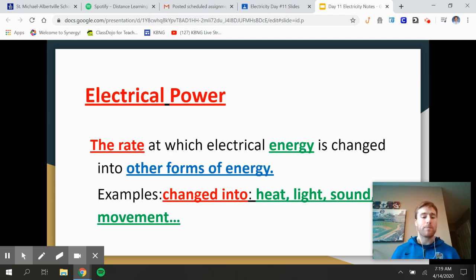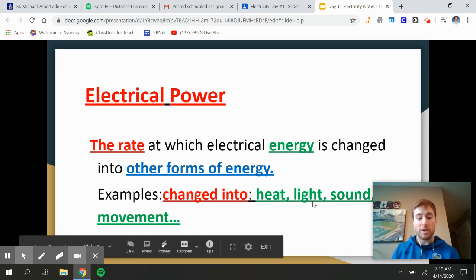So it's changing electrical power into some sort of thermal, mechanical, or chemical energy. If you're charging your cell phone, that's an example of going from electrical to chemical in the phone battery. So they're all different types. If you have a speaker, you get light or sound. If you have lights, obviously it's light. So that's what we're going to be looking at today.